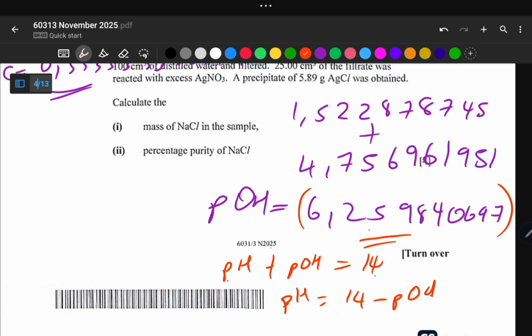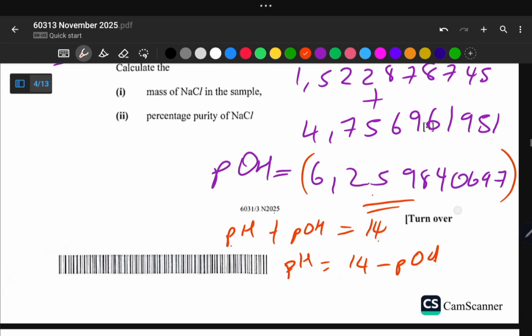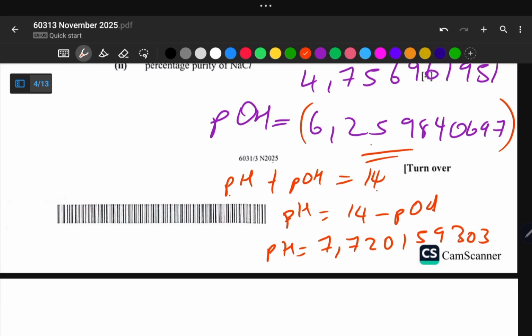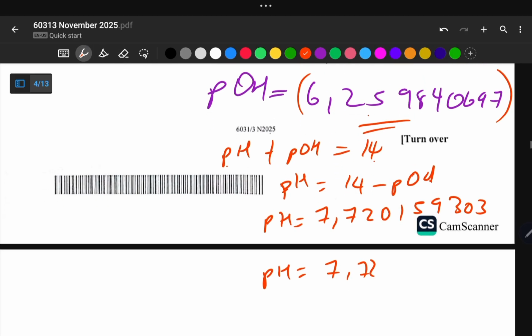Then we are going to have 7.7200, so pH is equal to 7.720159303. And then to 2 decimal places, pH is equal to 7.72, right? And we are done. So this is the value of the pH to 2 decimal places, right?